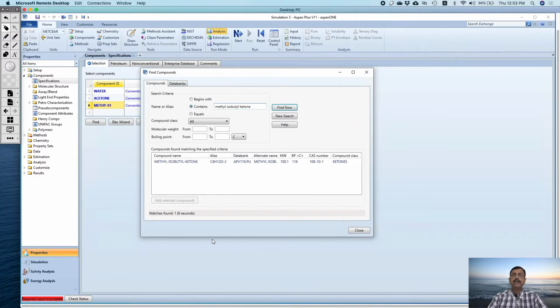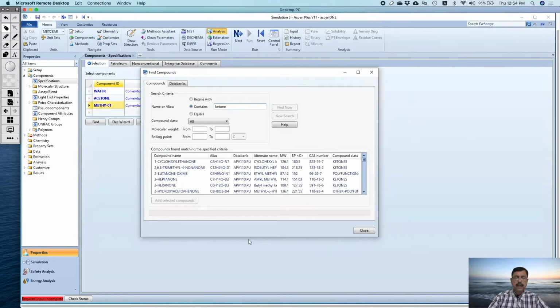Here you can change the component ID also. But it might so happen that methyl isobutyl ketone is not your desired component. A derivative of that or some other ketone may be the one you are looking for. So you want to search for a component which has ketone in its name: name or alias that contains the word ketone.